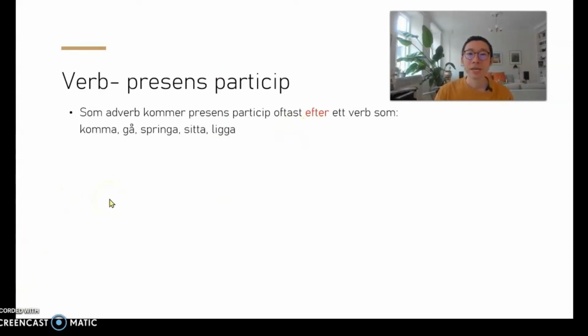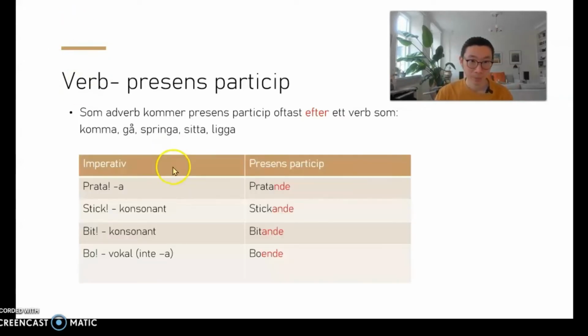But how do they look? Let's pay more attention to the spellings and the forms of the presens particip. Här ser ni att vi har prata i imperativ form. Prata in imperative form. Det blir pratande. Talking, pratande. Talking in English, you use the ing form.